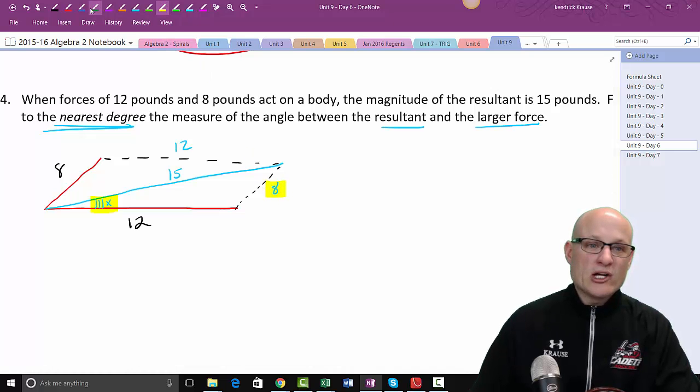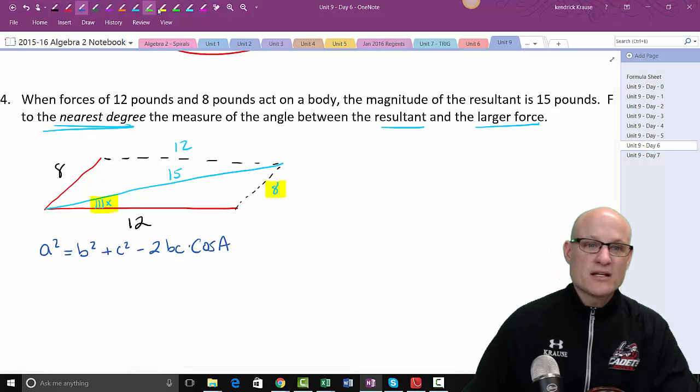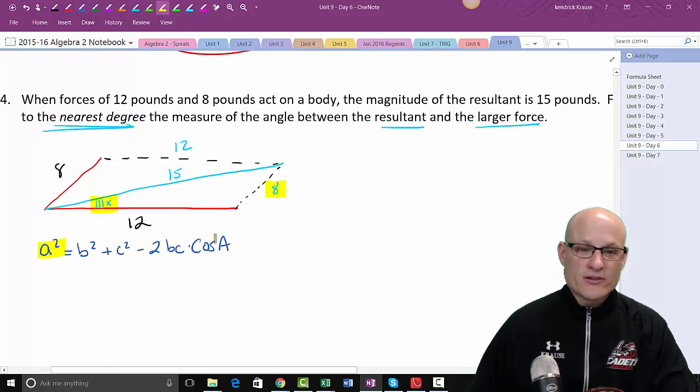So when I go to write my formula, a squared is equal to b squared plus c squared minus 2bc cosine a. These two things are the highlighted things here as well. Okay? So let's see what we got.